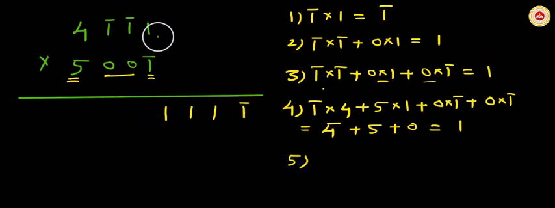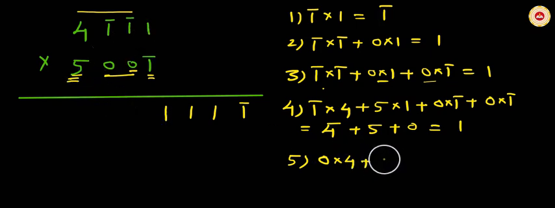Step number 5. Now friends, it is time to exclude. We have covered all of the 4 columns. Now let us exclude the first column and consider the last 3 columns. Consider the first 2 outer columns in these 3 columns. Multiplying the digits crosswise, 0 multiplied by 4 plus 5 multiplied by minus 1.